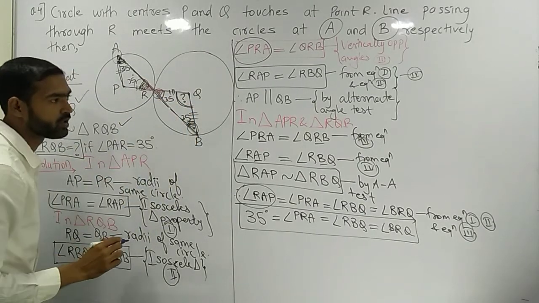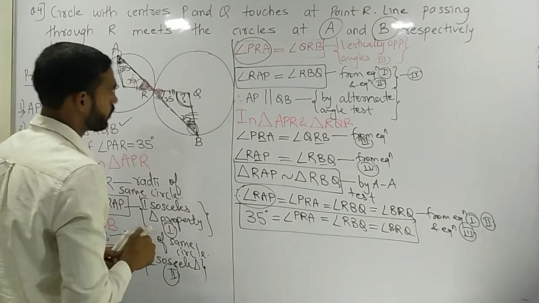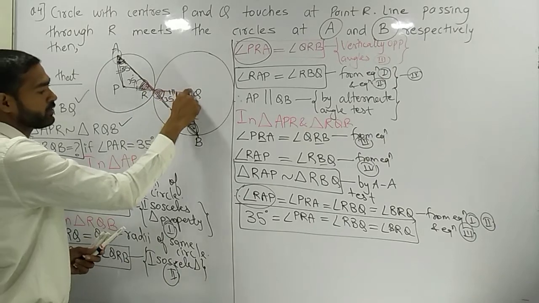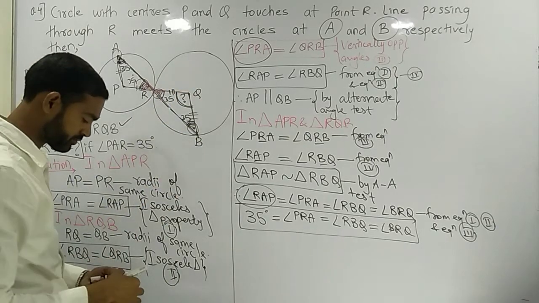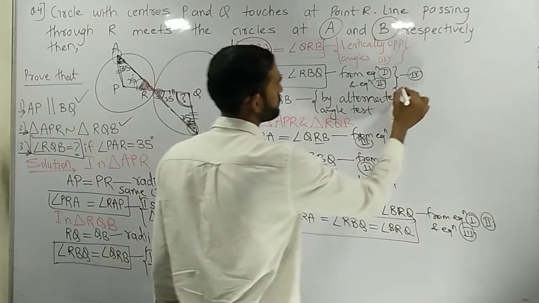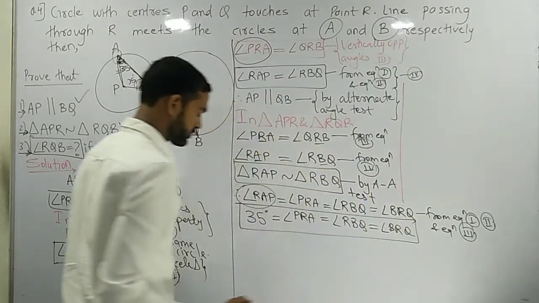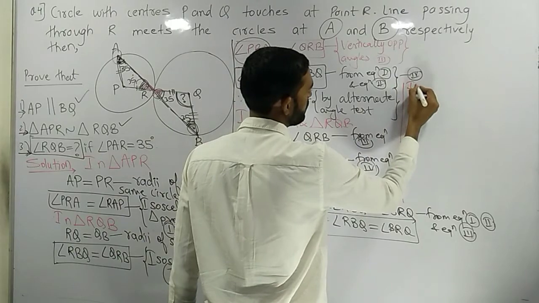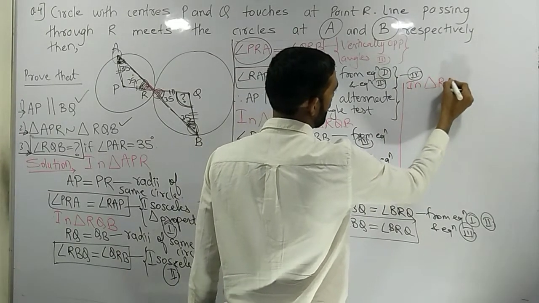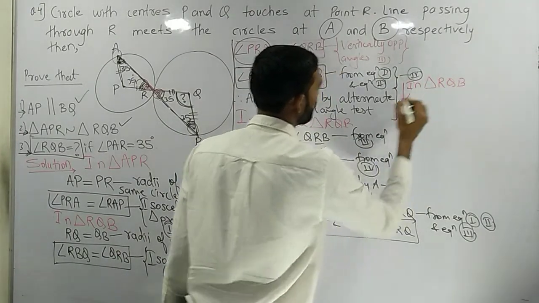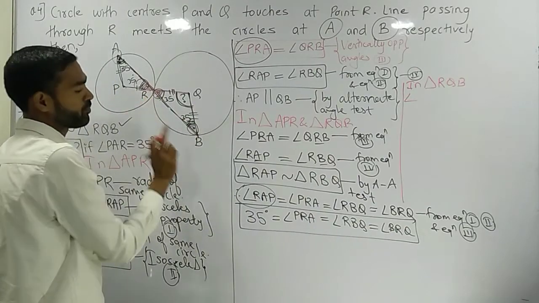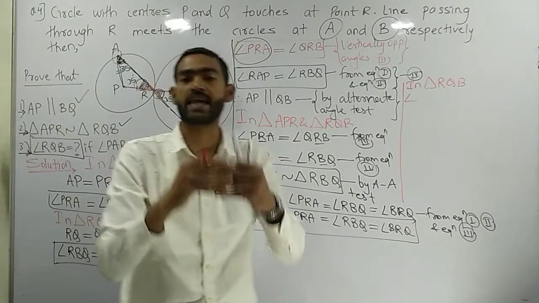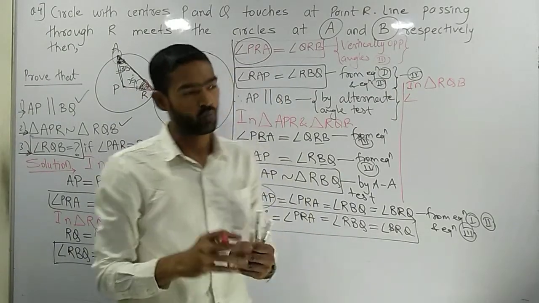Now can we find this angle, angle Q? How will we find this? Where is it located? It is located in the lower triangle RQB. So here I can solve in triangle RQB. What do we know? Angle R plus angle B plus angle Q. We all know the sum of all the angles of a triangle is how much? 180.